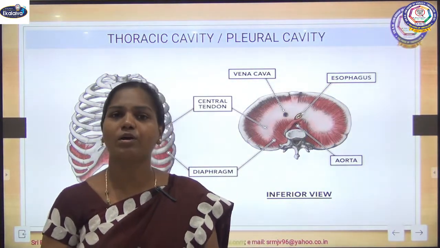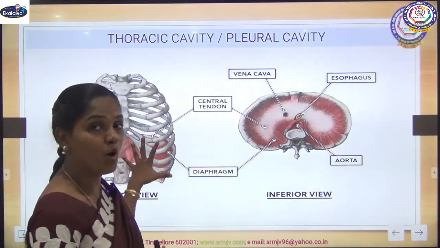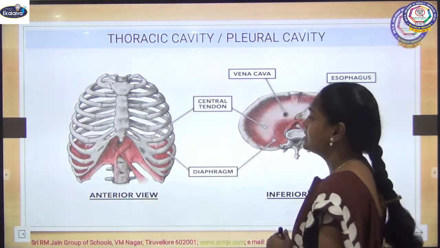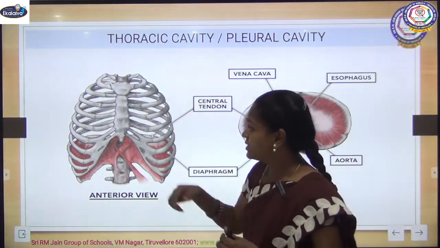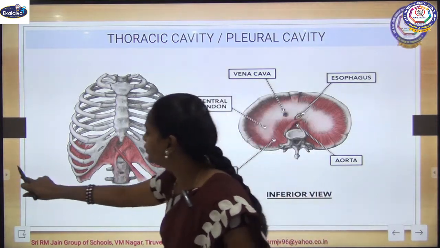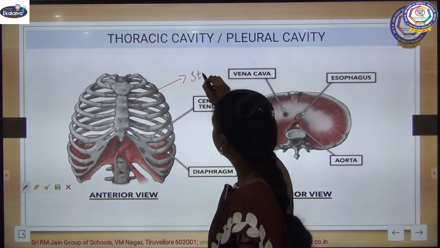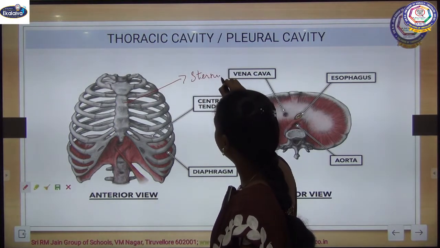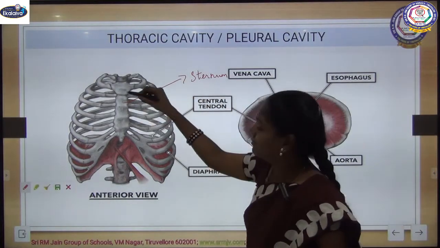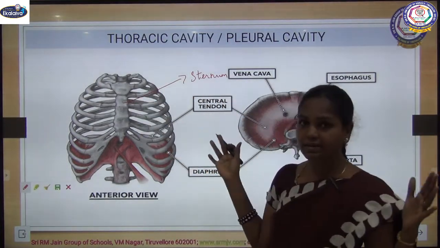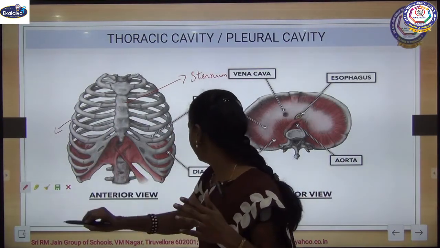The lungs are a very delicate organ, so they are well protected with the help of this box. On the front portion, there is the bone we call the sternum, and on the lateral sides, the sides are protected by our rib bones.